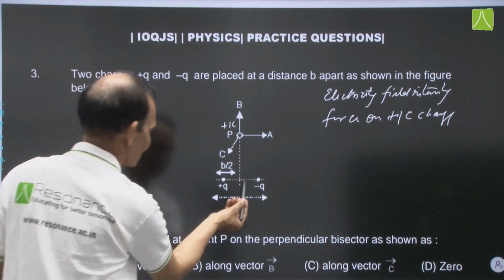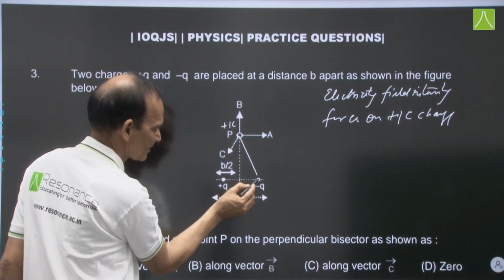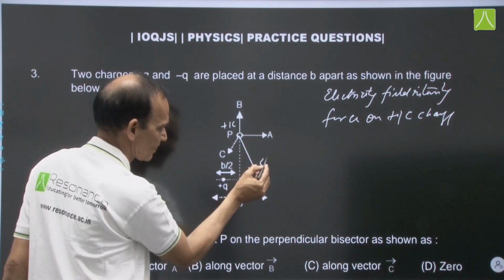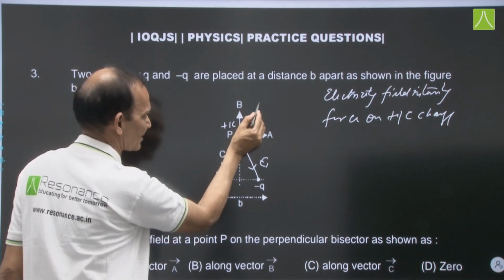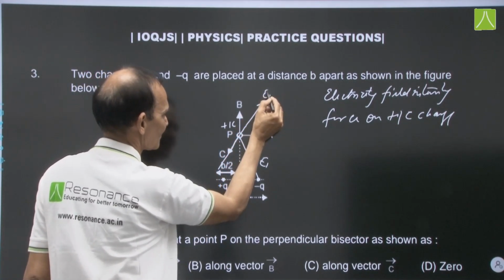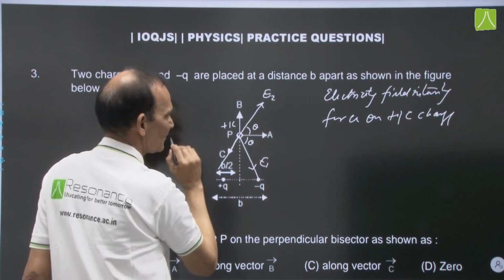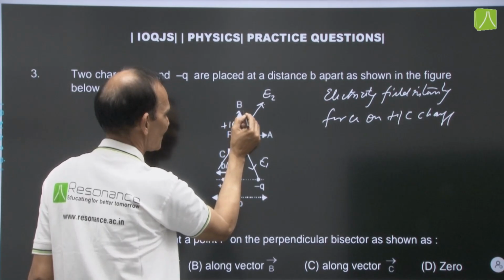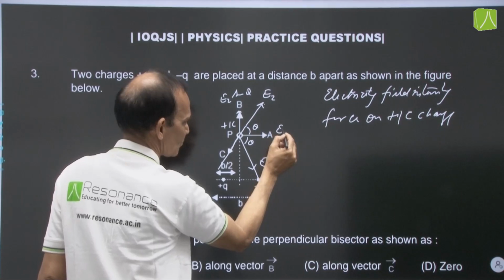Now think about this charge. It is plus 1, and this one is minus q, so it will attract. Here will be E1. Now think about this charge. It is positive, so it will repel. In this direction it is E2. There will be some angles, theta and theta. We can break E2 into E2 sin theta and E2 cos theta.